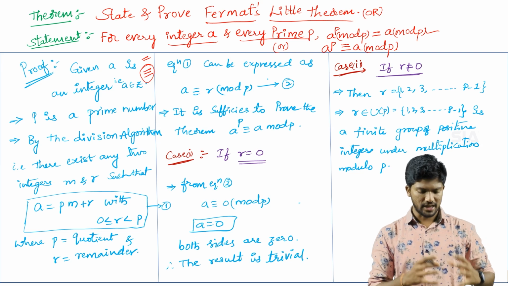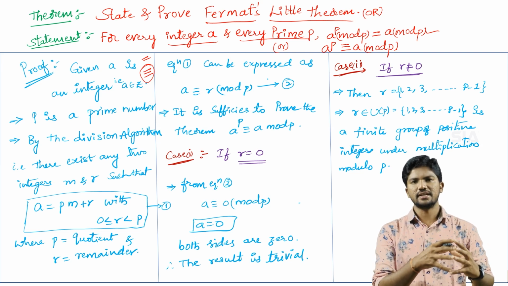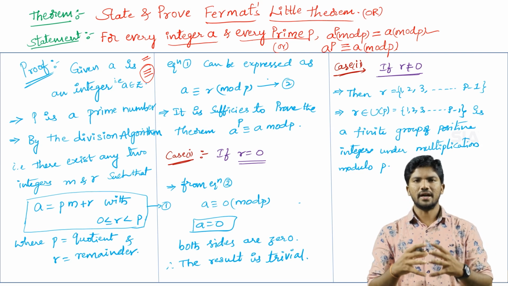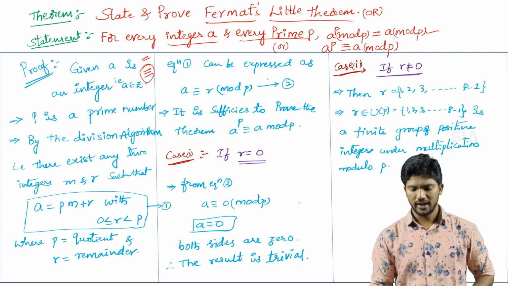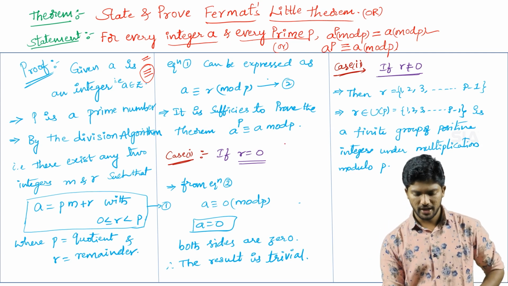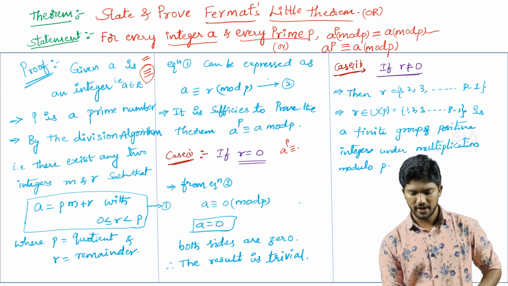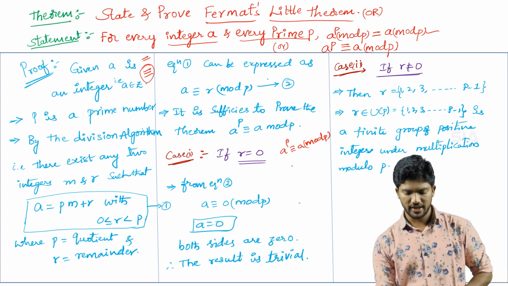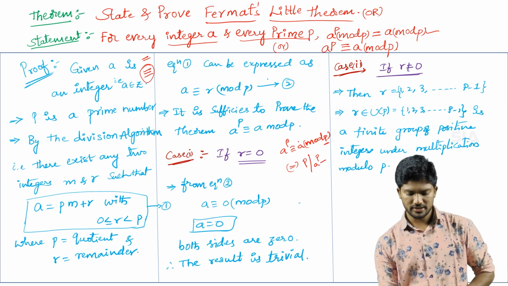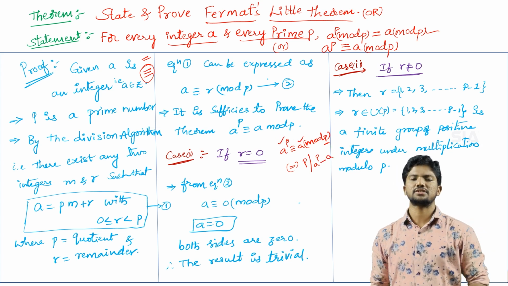In that case also the left hand side is equal to the right hand side, but the right hand side value denotes the remainder. Whenever you write a to the power p congruent to a modulo p, the original definition is that the prime number p divides a to the power p minus a.